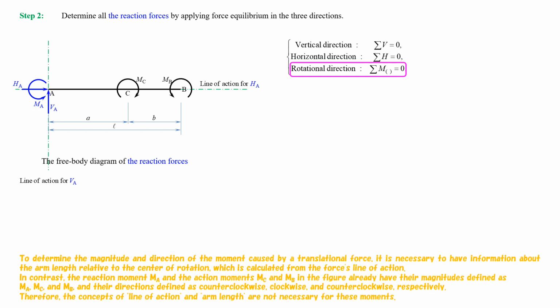To determine the magnitude and direction of the moment caused by a translational force, it is necessary to have information about the arm length relative to the center of rotation, which is calculated from the force's line of action. In contrast, the reaction moment MA, and the action moments MC and MB, already have their magnitudes, defined as MA, MC, and MB, and their directions, defined as counterclockwise, clockwise, and counterclockwise, respectively. Therefore, the concepts of line of action and arm length are not necessary for these moments.